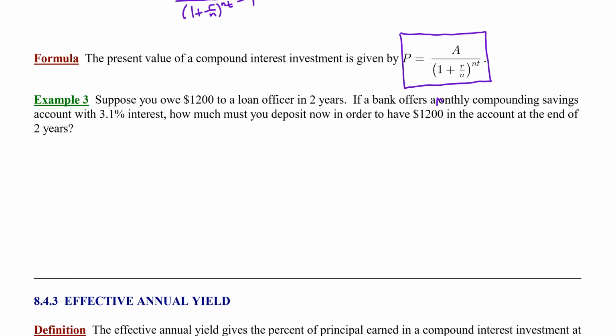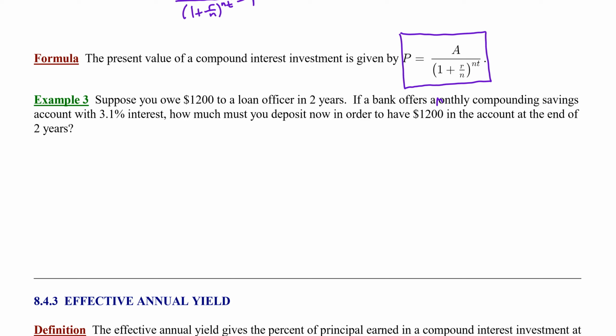So the idea here is very smart. You know you have this debt coming due in 2 years. Instead of paying all $1,200, you're going to take what you have now, a specific amount, deposit it at compound interest, and let it grow to $1,200 so that you can cover part of your debt with interest.